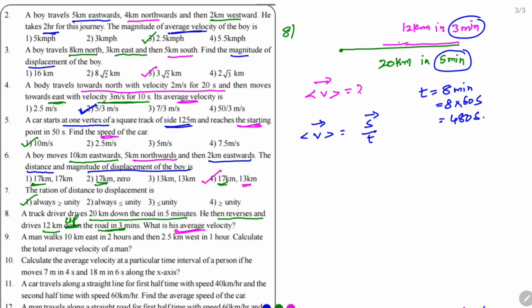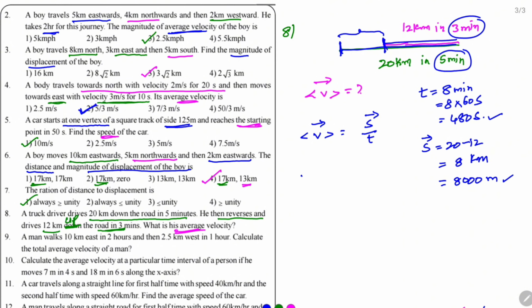Now what is the displacement here? Displacement is the initial point and final point. What is the value of this? So this total is 20 minus 12, which is equal to 8 kilometers. Let me write this as 8000 meters. Now both are in MKS units.